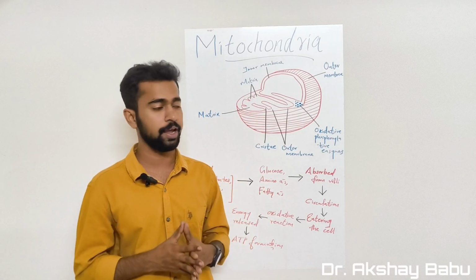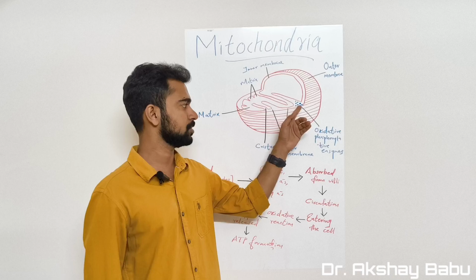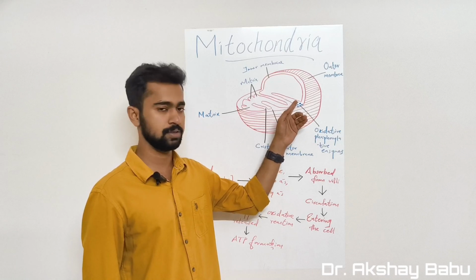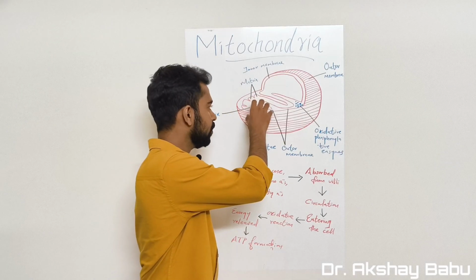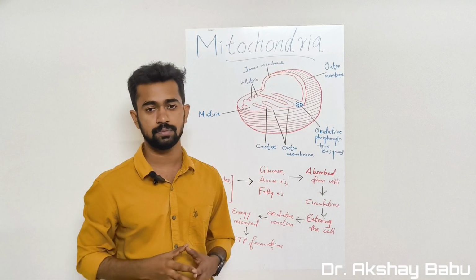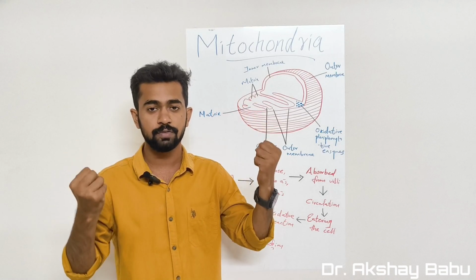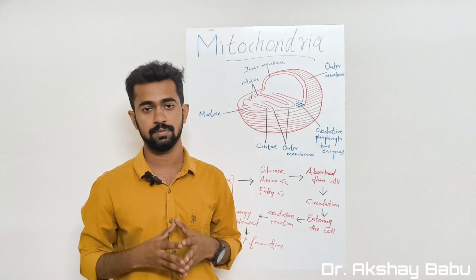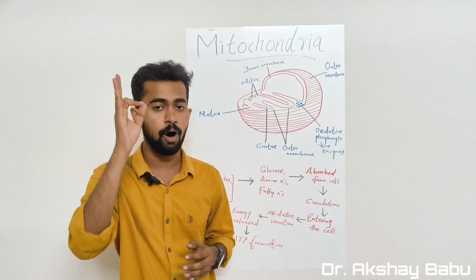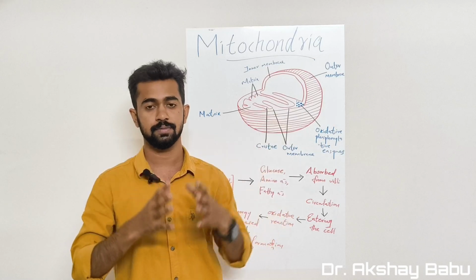And in this cristae, oxidative phosphorylative enzymes are attached. You can see these are the oxidative phosphorylative enzymes. And this inner cavity of this mitochondria is filled with matrix. And this matrix contains large quantities of dissolved enzymes, and these dissolved enzymes are very important for extracting energy from nutrients.